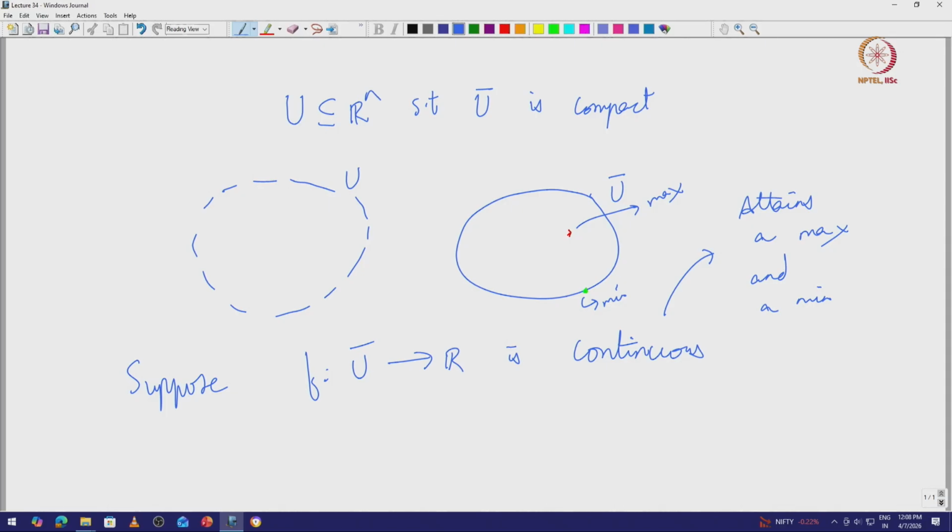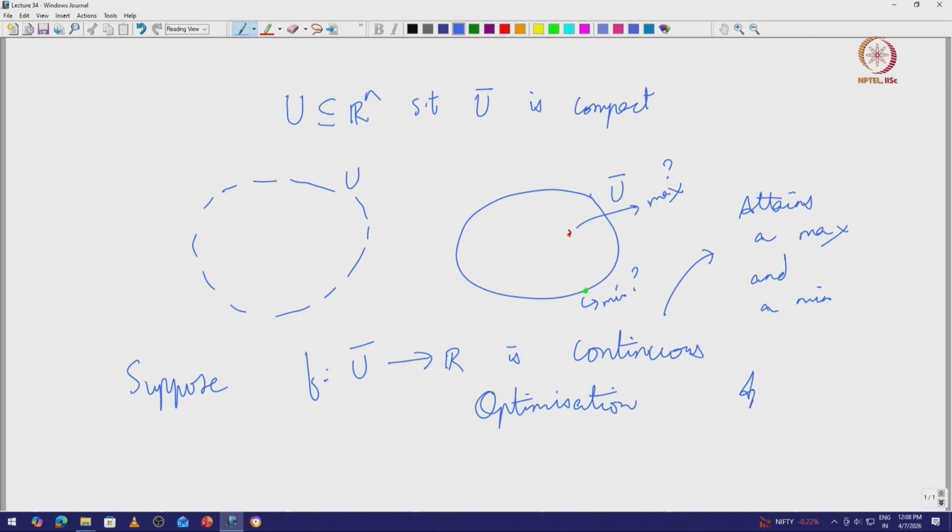The question is, what are these points? Can we figure out what these points are? And if we know where these points lie, we know the values of f at those points, right? This is the kind of question that arises in various situations, including optimization. So that's in applications.